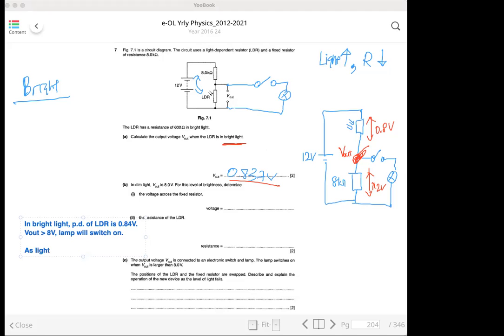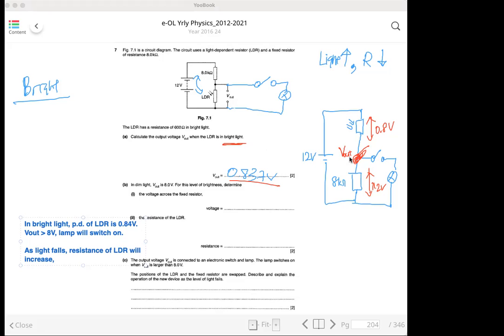So as the light level falls, the resistance of the LDR will increase. When the LDR resistance increases, its share of the voltage, the proportion, will also increase. When this increases, this value here will drop from 11 until a point where it's below 8 volt.